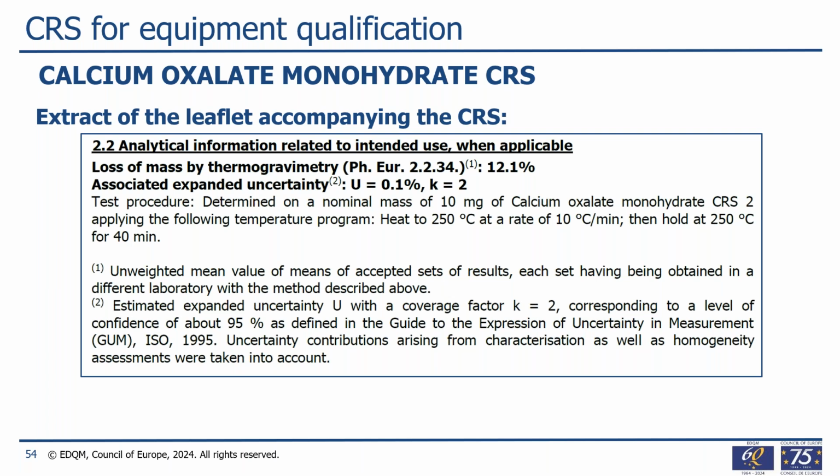Important to note that in this case, it's up to the user to define appropriate acceptance criteria, which, as I explained earlier, depends on the performance required in your laboratory, which is linked to the product specification of the product that you want to test.